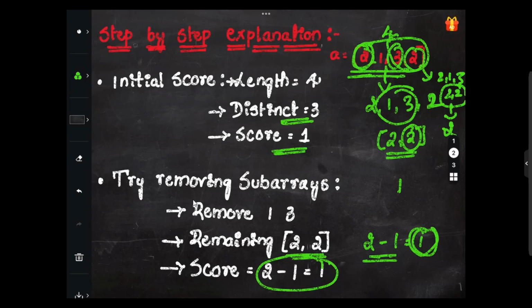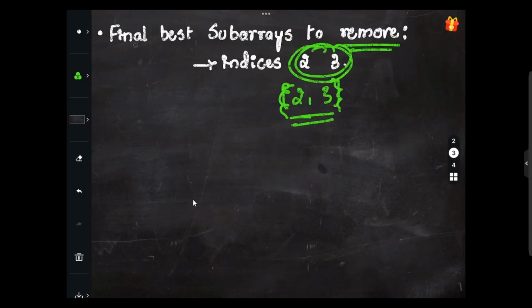So if we try to remove the subarray 2 and 3, these three are gone, only one is left, right? So we need to remove 2 and 3 in this case. We will be processing the array once for the frequency and once with the sliding window. We'll be making use of the two pointers, left and right pointers. Let's see that when we write the code. So the time complexity would be quite obviously big O of n.